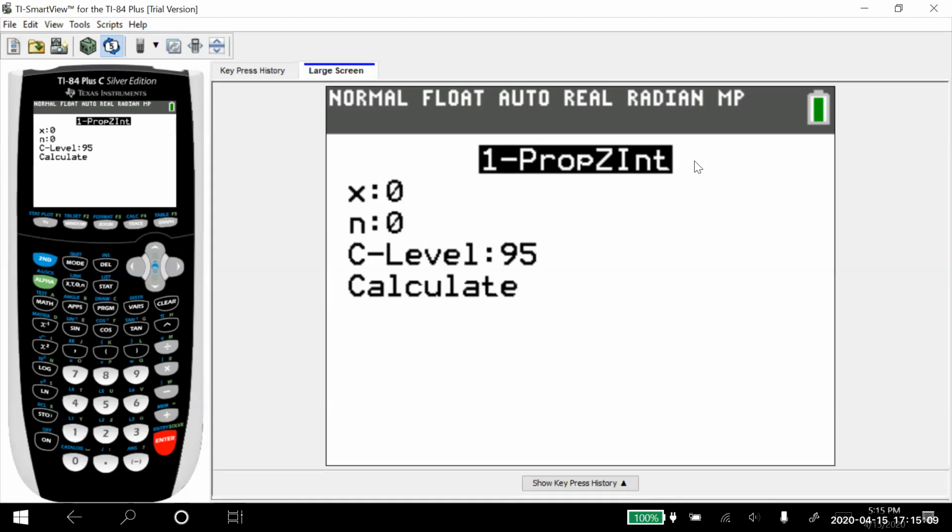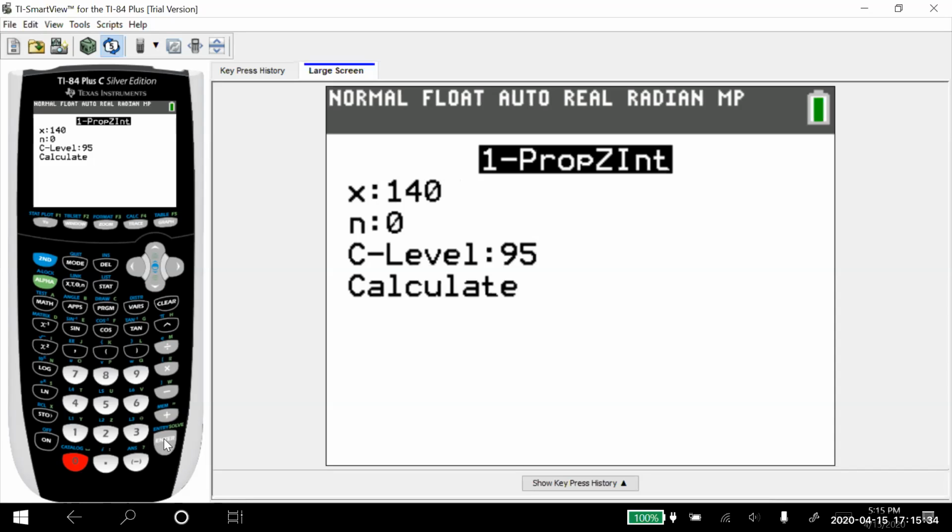Notice if this says one prop Z test, you're in the wrong place. We will actually see that today. That's just in the next section. Okay, so the X value, that's how many people had the characteristic. And remember, it said that we have to have at least 5 people have the characteristic and at least 5 people don't to be a large enough sample. Well, we have 140 that have the characteristic, so that's definitely big enough.